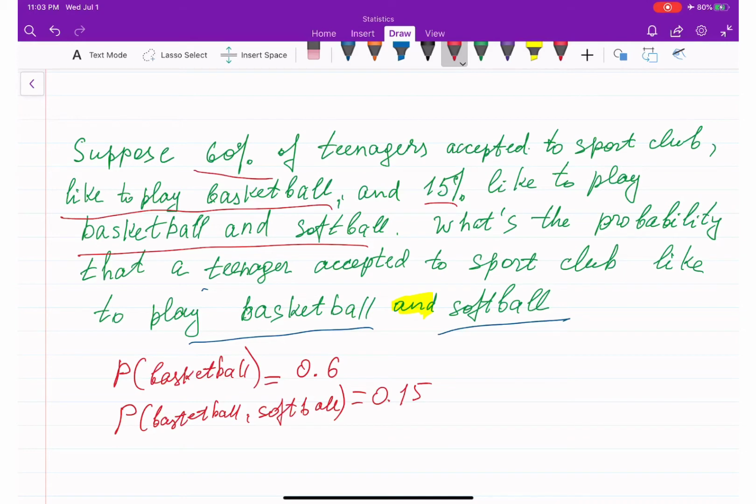So we want to know what's the probability that the person accepted to a sport club like to play basketball and softball all together. So total probability is going to be equal basketball and basketball with softball.